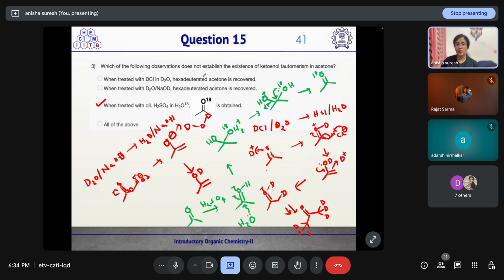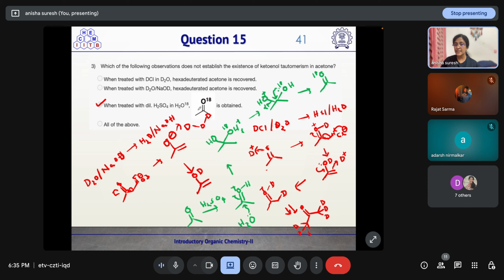In DCl/D2O and D2O/NaOD conditions, treating acetone results in hexadeuterated acetone. It establishes the existence of keto-enol tautomerism in these cases. But in the case of dilute H2SO4 and H2O18, we get this product that they have stated. It results from addition of water to the carbonyl carbon instead of keto-enol tautomerism.